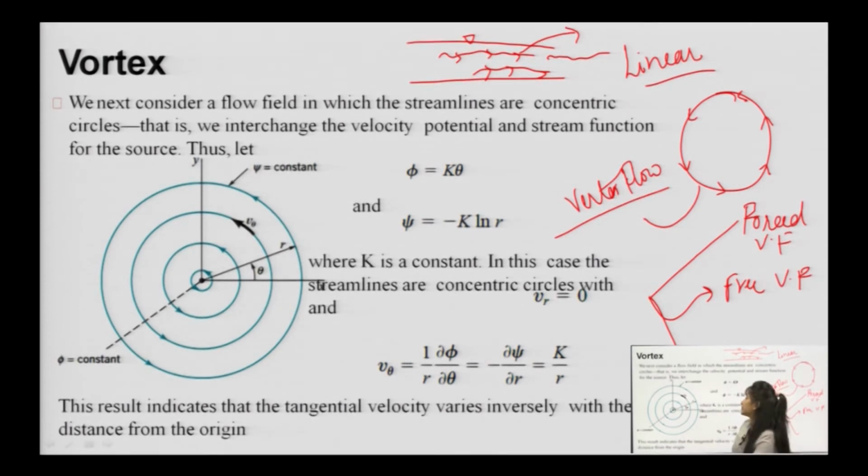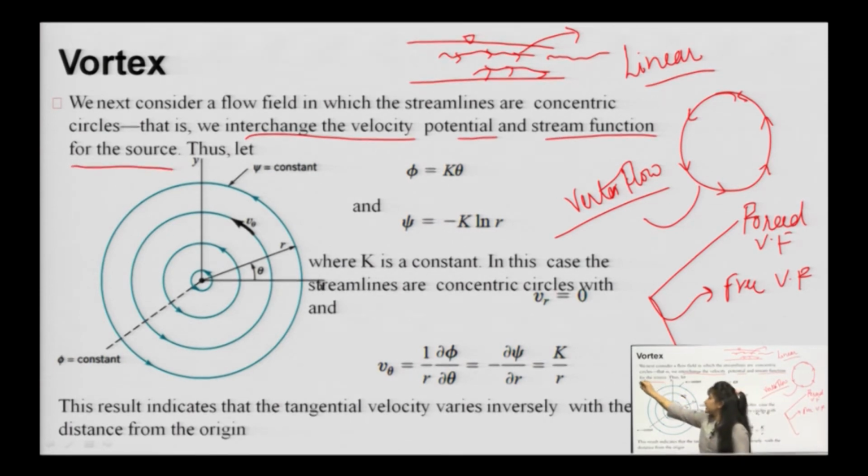Next, we can move forward. We have considered a field in which streamlines are concentric. Again there is a center and n number of circles. Here is the interchange of velocity potential and stream function for this particular source.